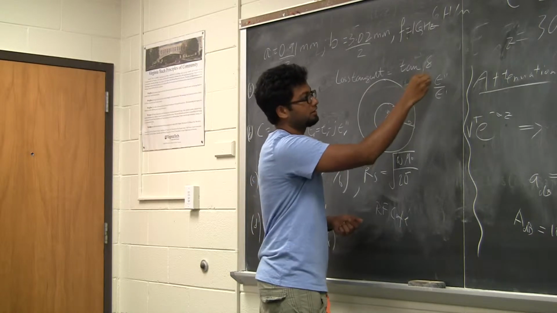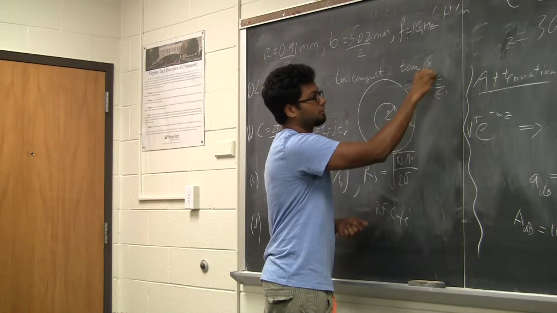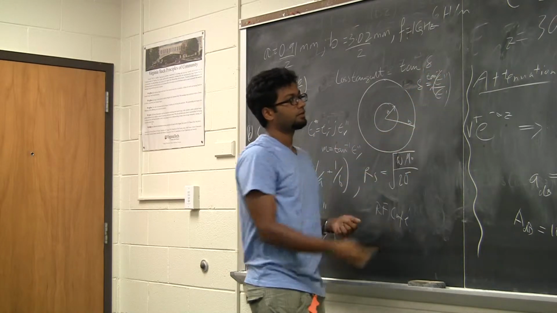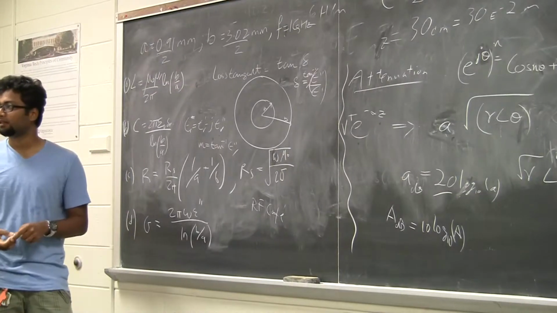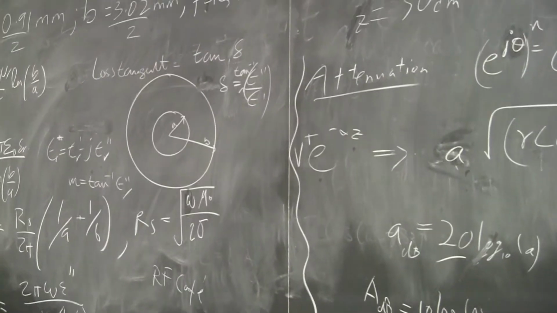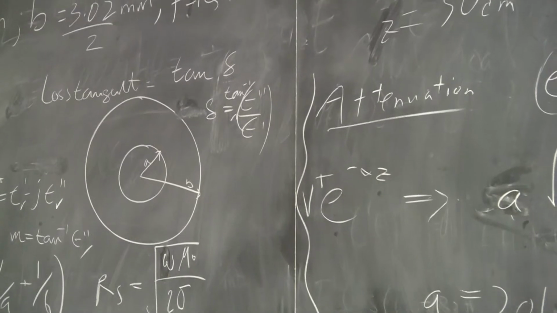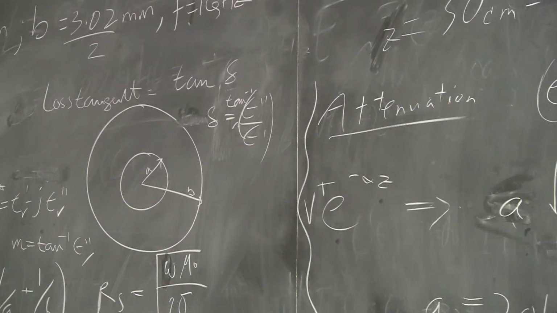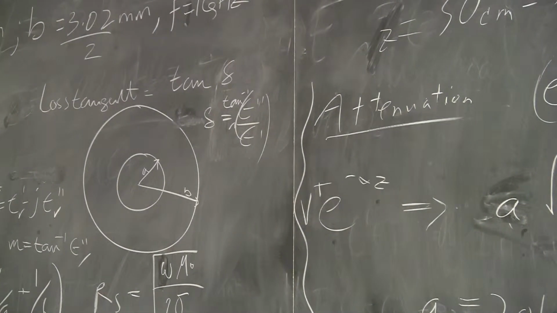Which means... I stand corrected. So the reason why it's called that, the loss tangent comes about is because of this guy, the slope of that complex permittivity.